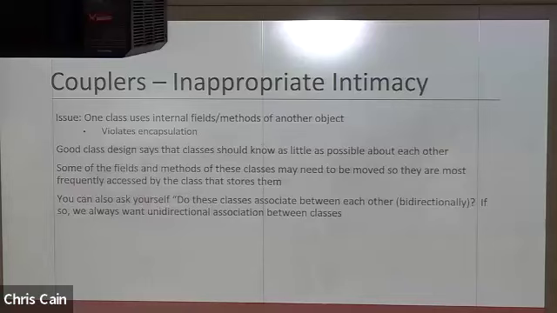So you can also ask yourself the following question: do these classes associate between each other? And by that, we mean bidirectionally. Does class A communicate with class B? Does class B communicate with class A? If so, we don't want this kind of bidirectional communication between classes. There should always be unidirectional association. There should always be a request from one object to another. What is your state? Boom, returned. Or I want to change this from this to this.